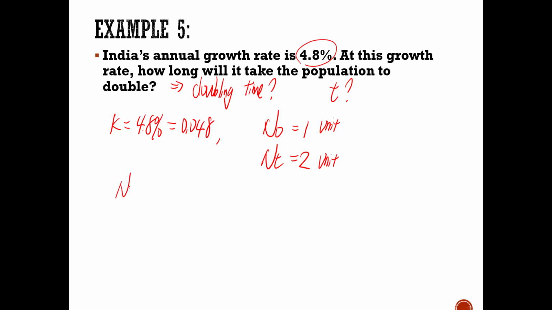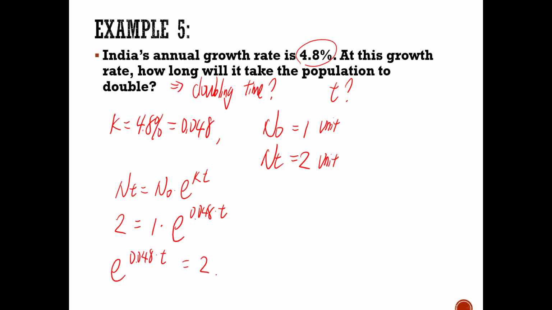N_t equals N_0 e to the kt. Now right here, 2 units goes to the left, 1 times e to the 0.048t. Very similar procedure. We're going to solve for time t. You take ln from both sides of the equation, so ln of 2 equals ln of e to the 0.048t.